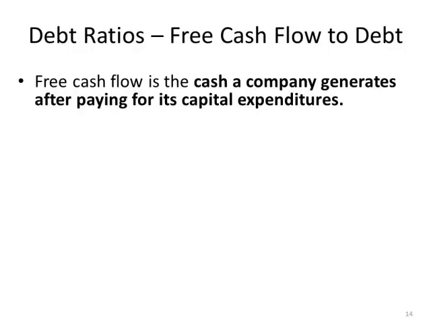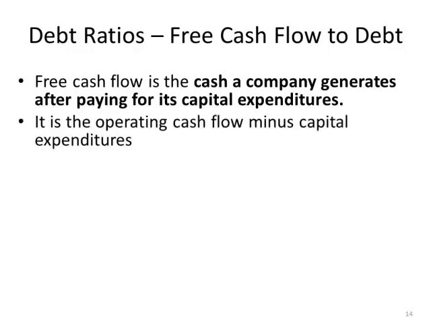So this is from its revenues minus its operating costs. And then we also subtract away how much the company spends on investments, right, on capital expenditures, and what's left over becomes the free cash flow. So a nice way to summarize that is that we take the operating cash flow and we subtract capital expenditures.